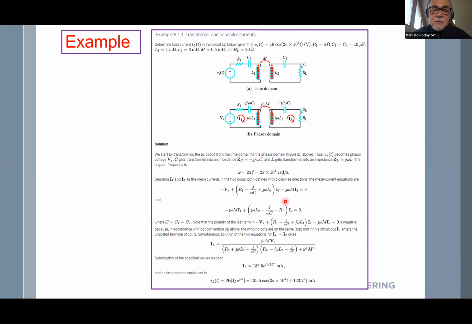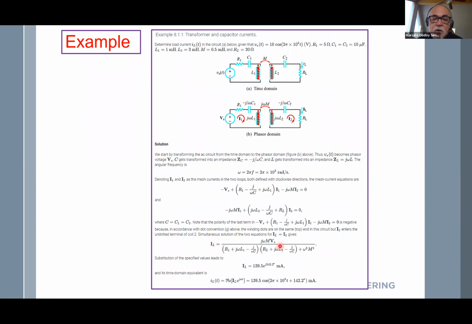And then when I use that formulation, I can find eventually IL, because that's the question here. What's the current flowing through the resistance? So IL is given by this equation in the frequency domain or phasor domain, okay?